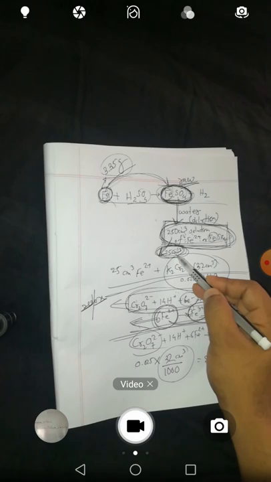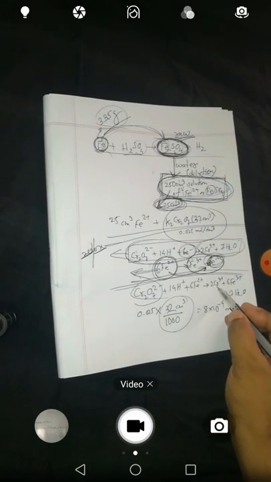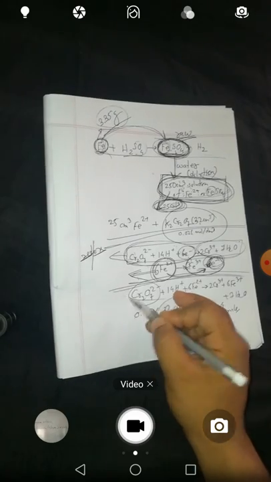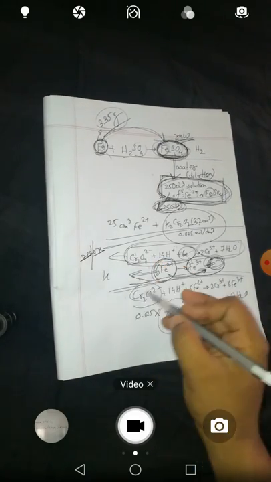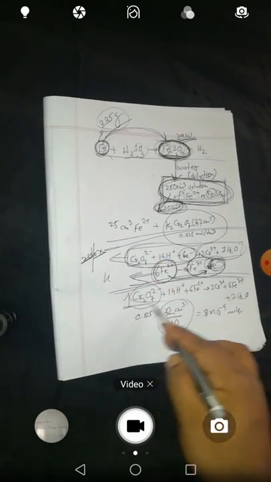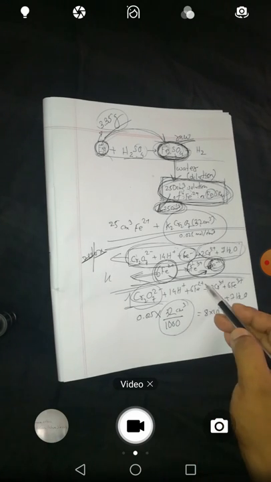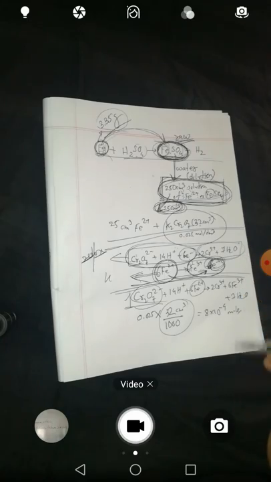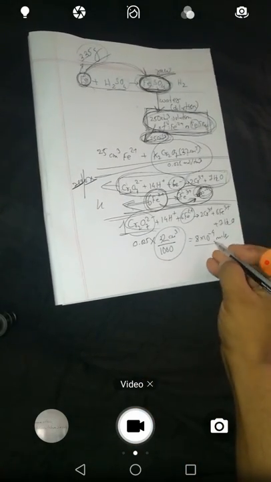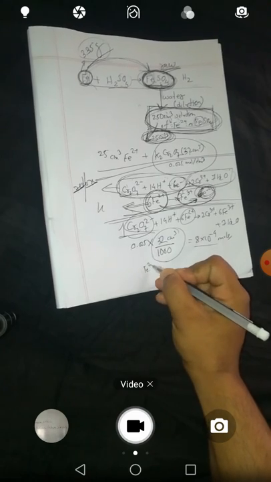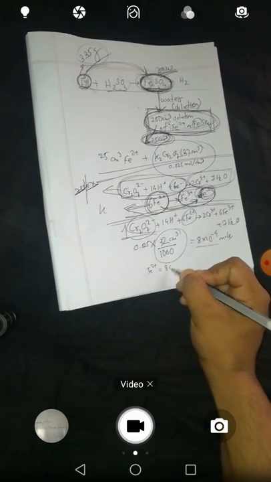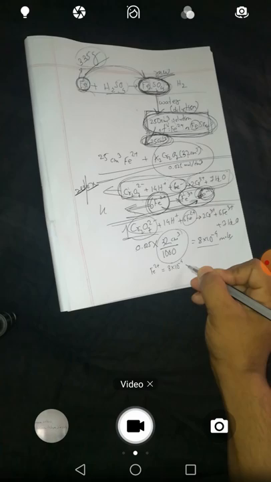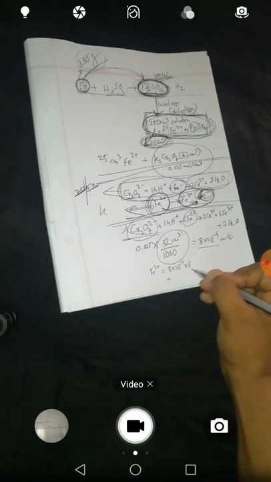So look, 1 mole of dichromate reacts with 6 moles of Fe2+. So if this is the number of moles of dichromate, the number of moles of iron would be 8 × 10^-4 × 6.